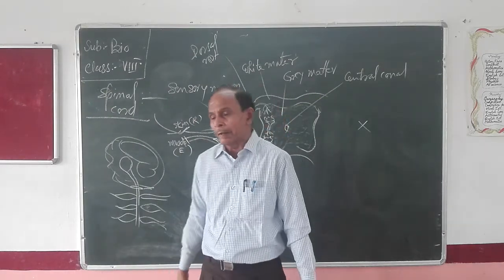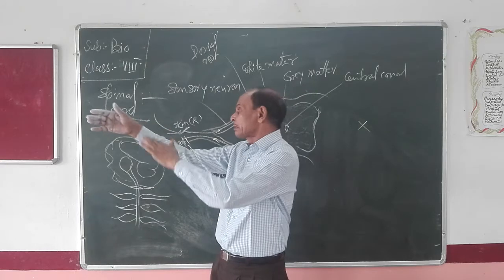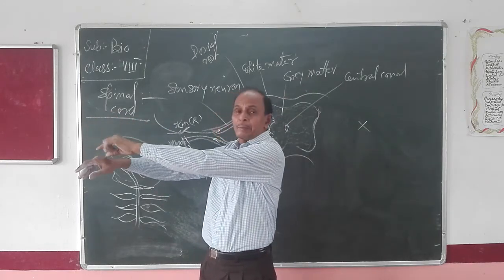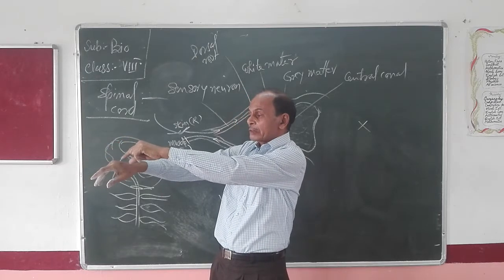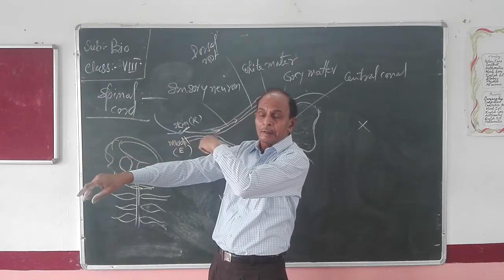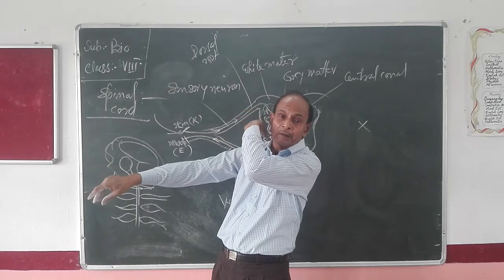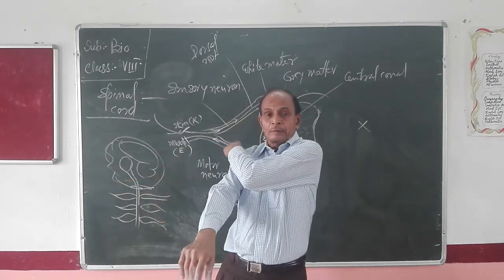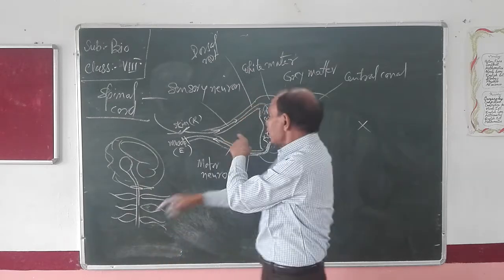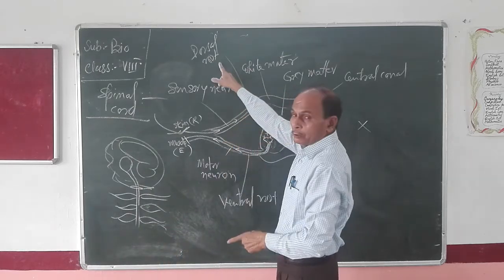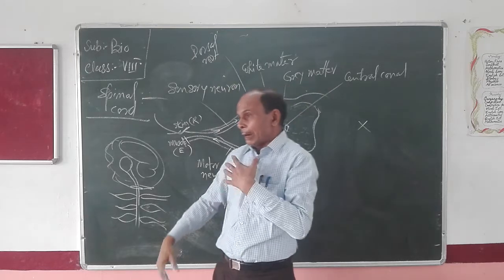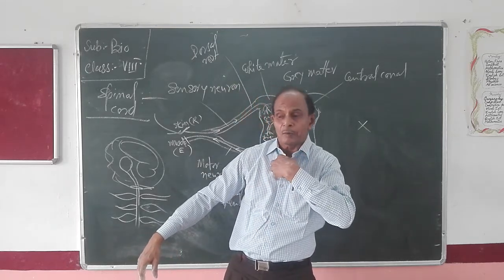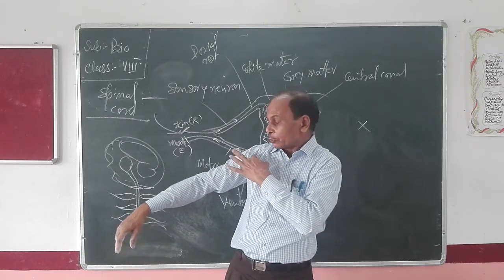Now I am giving one example. Suppose this part is touching a hard object. Then the sensory neuron of this part will carry that impulse of information to our spinal cord, and this information will enter from the dorsal side, the back side, which is why it is known as the dorsal root. After the impulse is generated, the impulse of order will come out from the ventral side through the motor neuron.